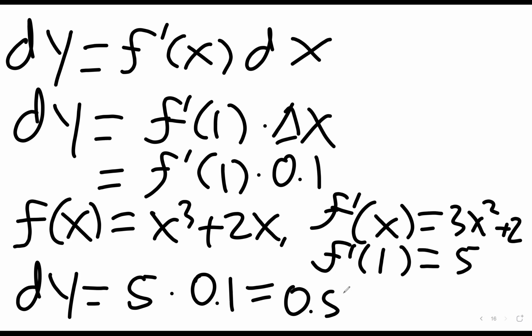So f prime of x is 3x squared plus 2. Simply replace x by 1, and we get f prime of 1 equals 5. And dy, once again, is f prime of x dx, with x equals 1 and delta x equals 0.1. So I have 5 multiplied by 0.1, and that will be 0.5. Okay, any question or comment so far up to this point?